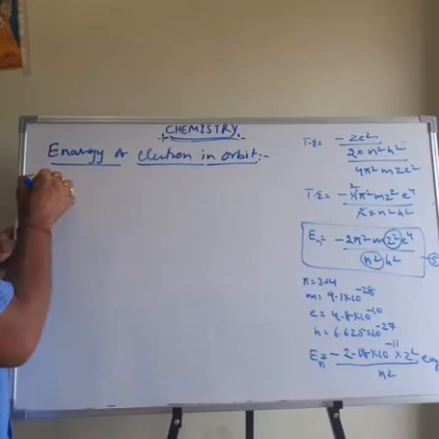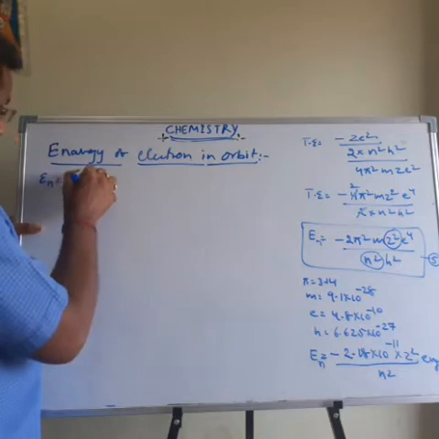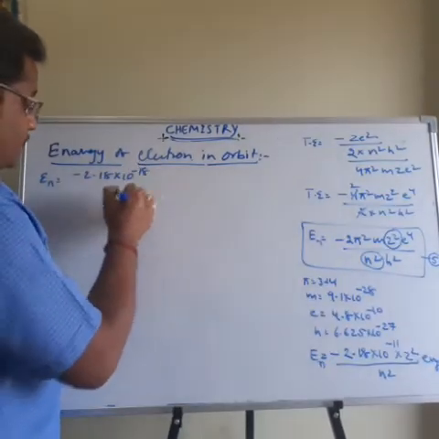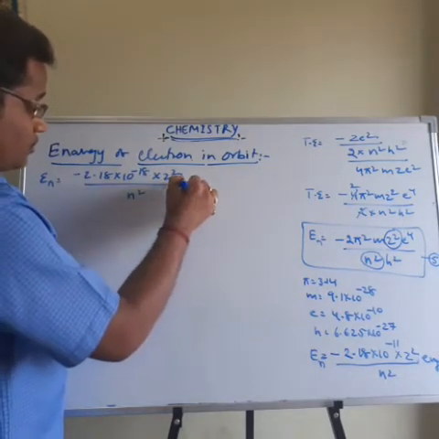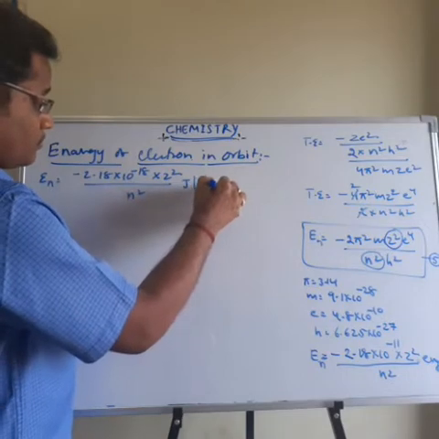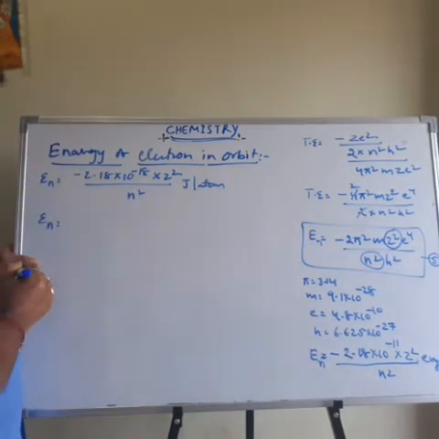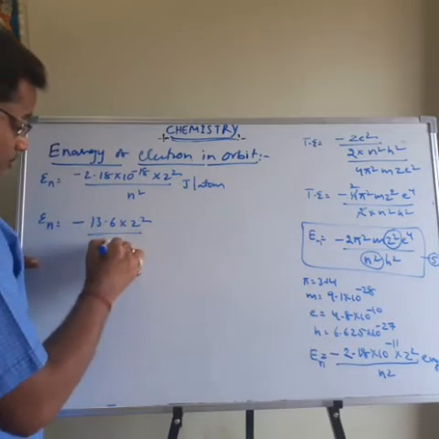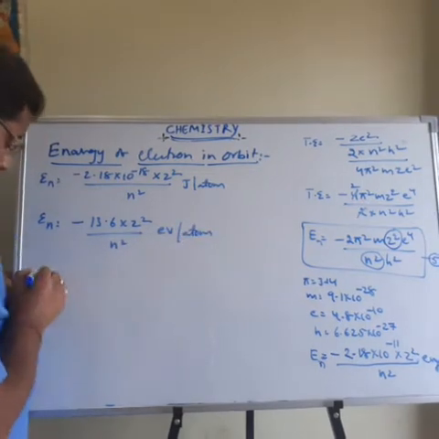Next is the second formula. The total energy of the electron in the nth orbit, En, is equal to minus 2.18 into 10 power minus 18 into Z square by N square joule per atom. Like that, En is equal to minus 13.6 into Z square by N square electron volt per atom.